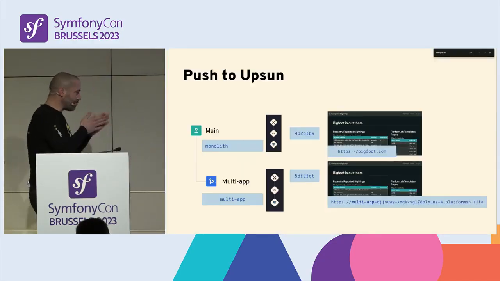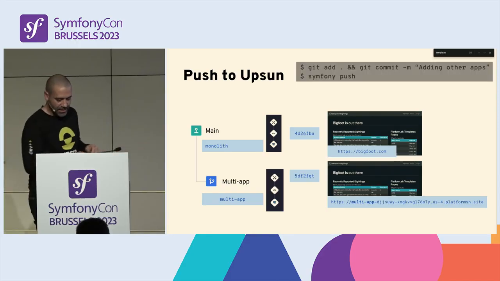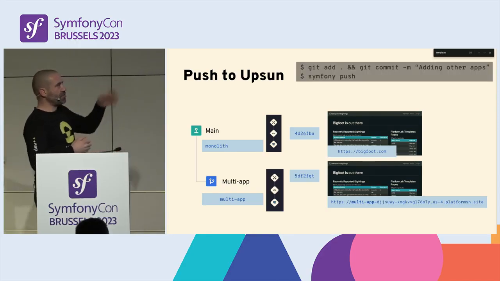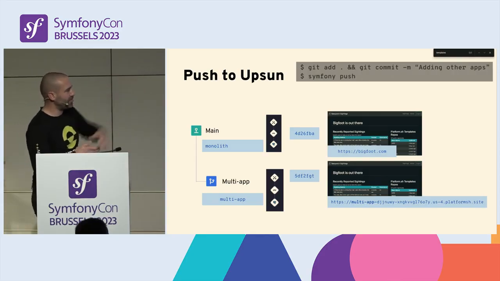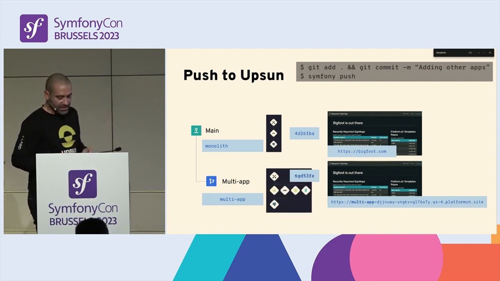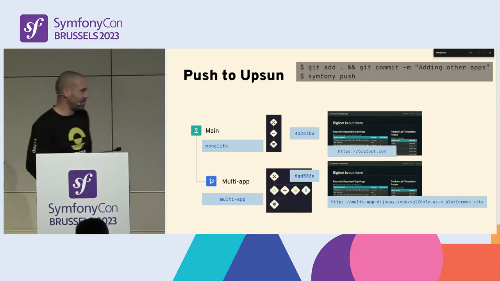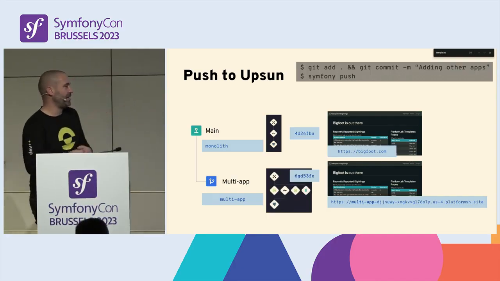As soon as you modify your source code locally, you just use the normal Git flow to push your application, and then do a Symfony push. It will automatically deploy your application with all of the new application, giving you a small figure just to understand the relation between your application and your services.